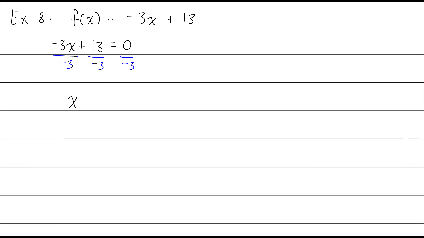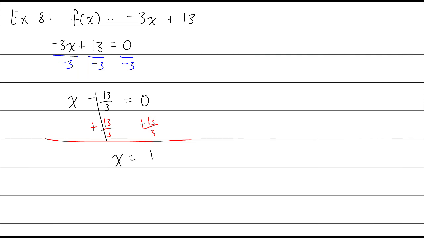Positive 13 divided by negative 3 is negative 13 over 3. 0 divided by negative 3 is 0. Now I want to get x by itself, so I need to add negative 13 over 3 to both sides. So I'm doing the addition principle last. It cancels. X equals 13 over 3.